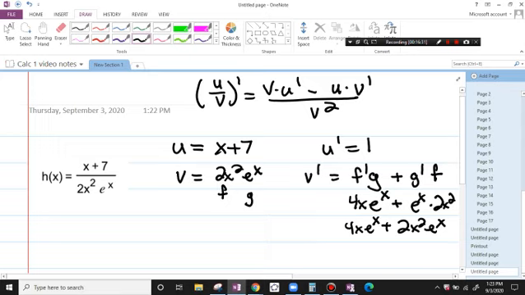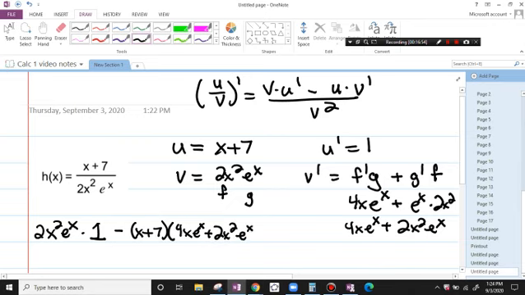And now we can actually use the formula. So then it's v times u prime, so v is 2x squared e to the x, times u prime, which is 1, that's nice, minus u, which is x plus 7, times v prime, and v prime is 4x e to the x plus 2x squared e to the x, all over v squared, 2x squared e to the x, all squared.